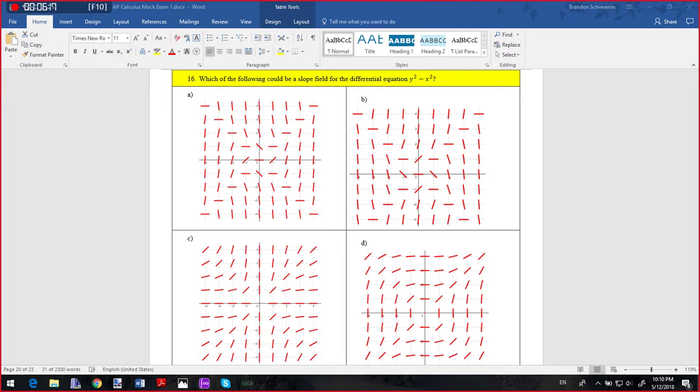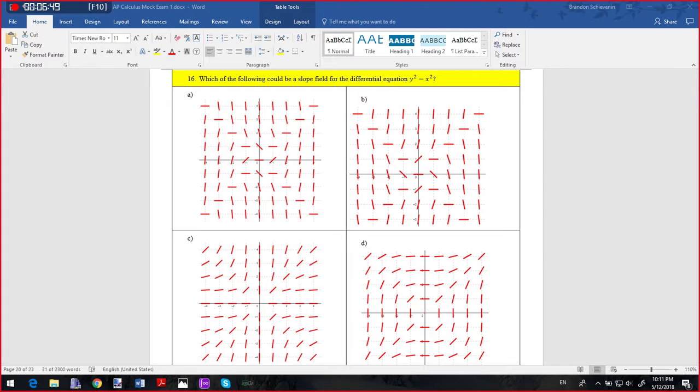I think one is showing positive slope, and one negative slope. Okay, so one's showing positive slope, one's showing negative slope. At what point? When x equals 0. Okay, when x is 0 and y is what?